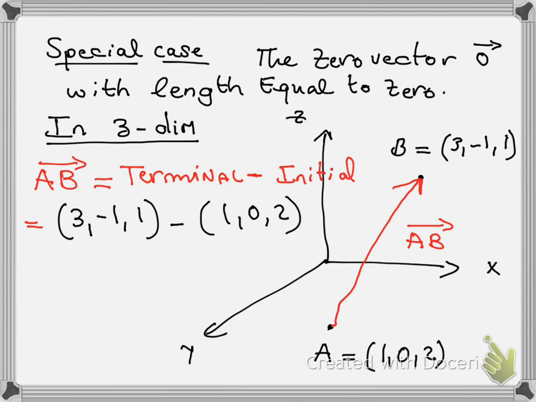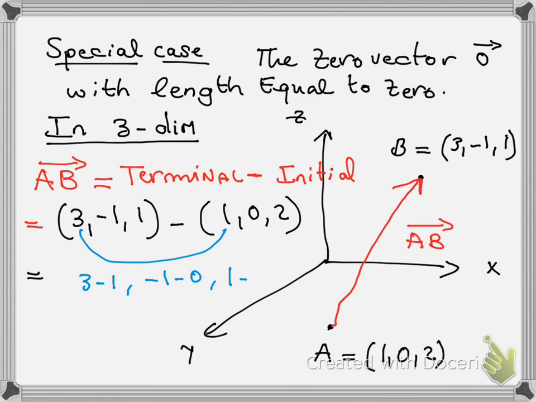So you subtract the corresponding coordinates. Here you have 3 minus 1, comma, then -1 minus 0, comma, and then 1 minus 2.